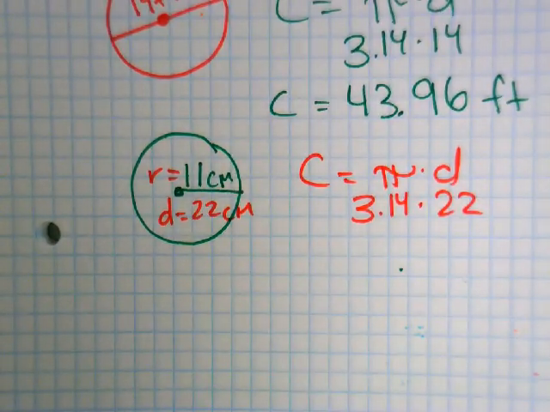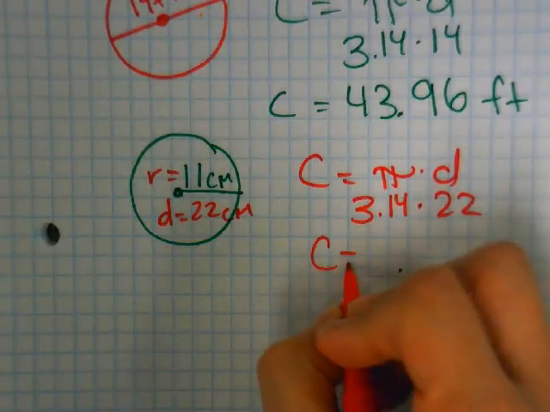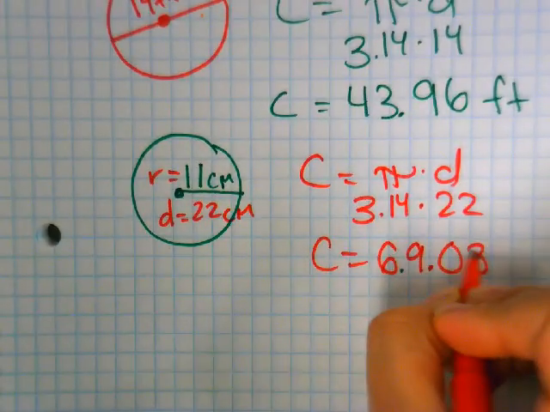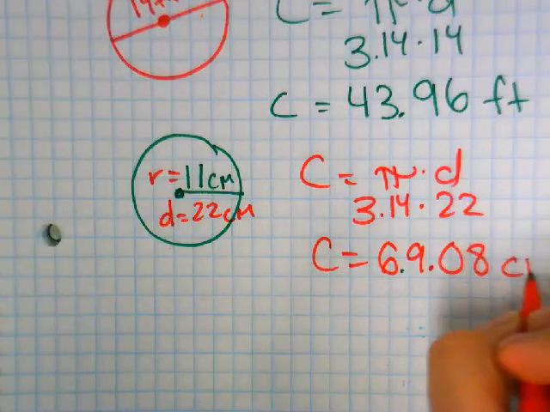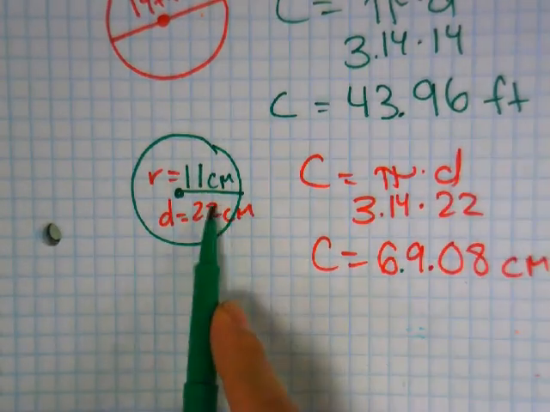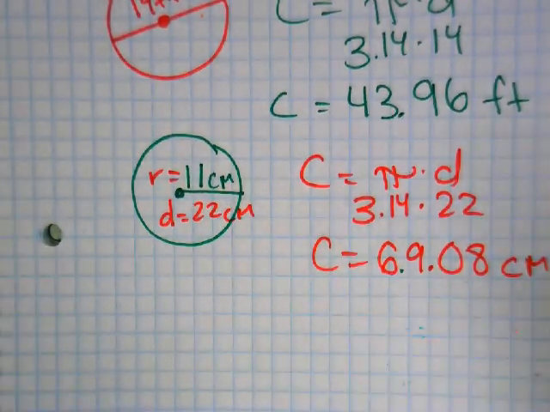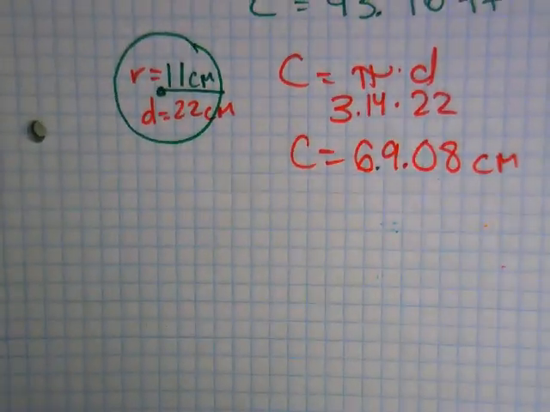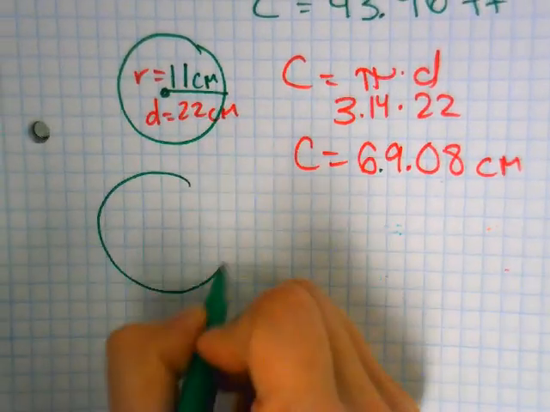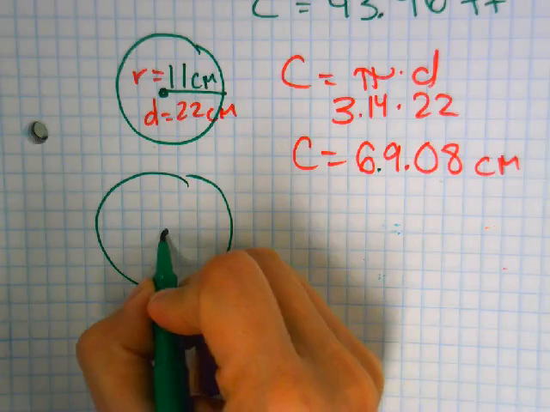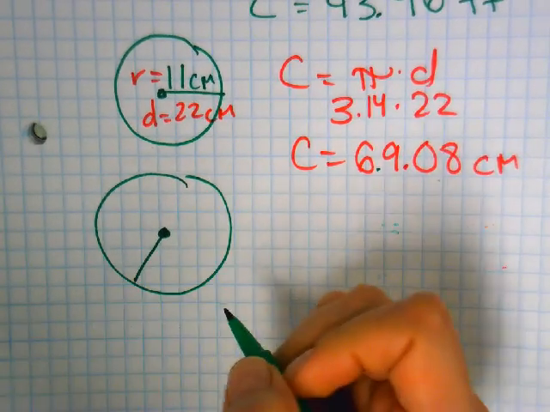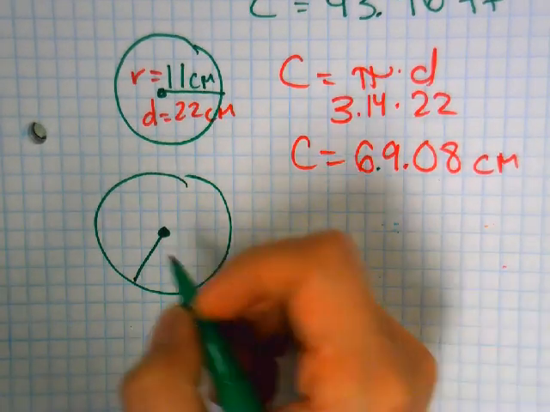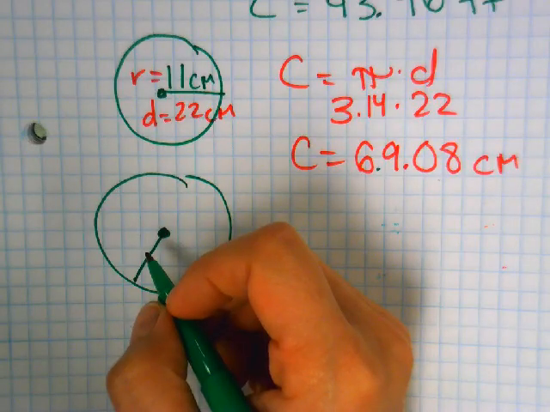All right, what's 22 times 3.14? 69.08. What? Centimeters, okay? So if I give you the radius, stop yourself, and give me the diameter. Quick, give me a number. 34.